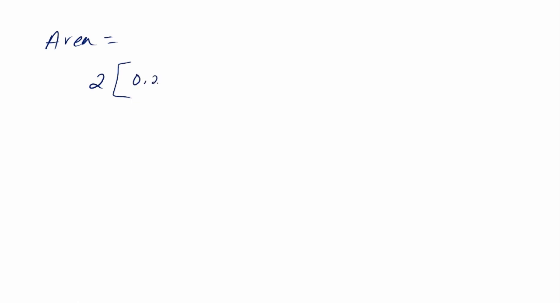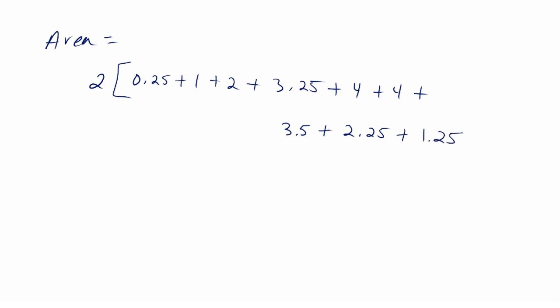The first one is about 0.25, plus the second one 1, plus 2, plus 3.25, plus 4, plus 4, plus 3.5, plus 2.25, plus 1.25, plus 0.75, and plus the last height of the last rectangle, which is 0.25.